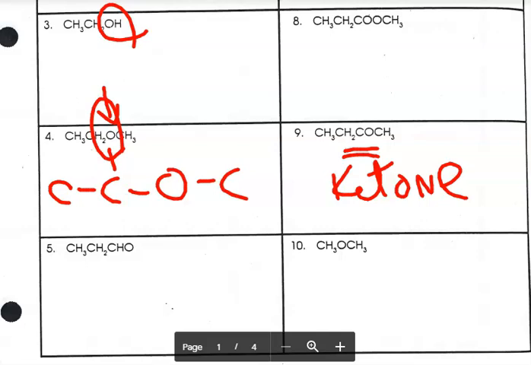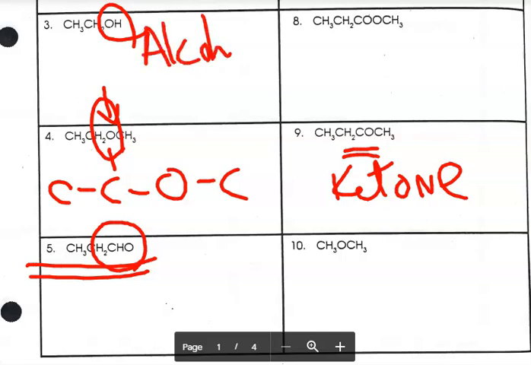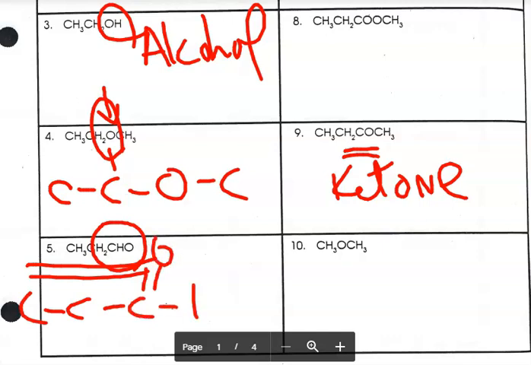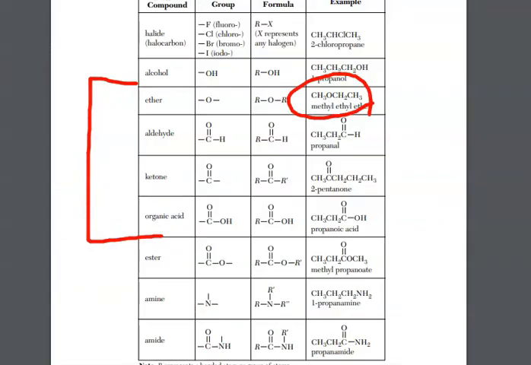All right, moving on. Number 5, take a look. You have 1 oxygen, but notice this time you have H before the O. If it was O and then H, it would be like number 3, which is an alcohol. But it's not, it's H then O. What you have here, let's draw all the carbons in, is you have C double bond O and then an H. This, if we take a look at reference table R, is an aldehyde.